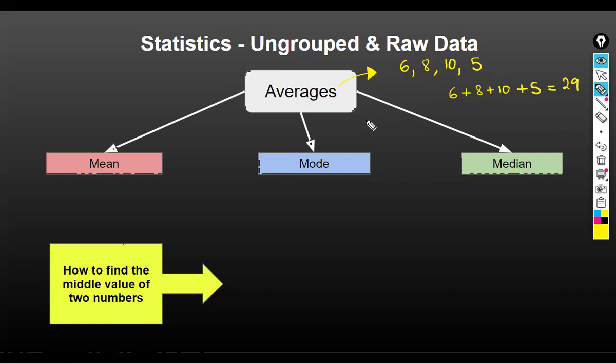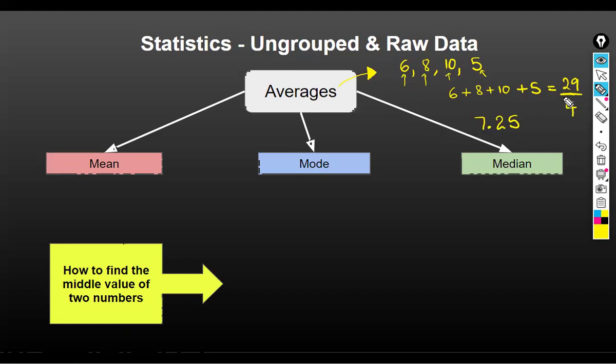So in SCA, you would add up all the numbers they gave you, and then you would do what? Divide by how many values you were given. You were given 1, 2, 3, and 4. So you divide by 4. And of course, the answer you would put down in the exam would be 7.25, right?